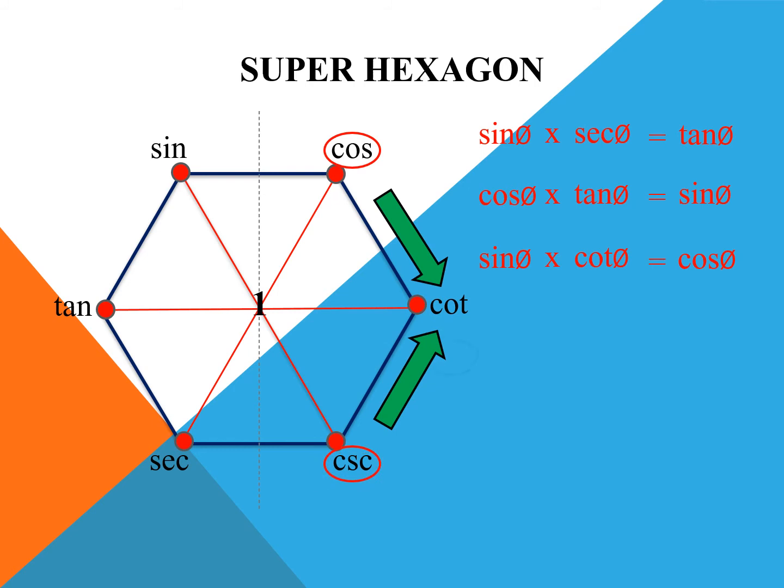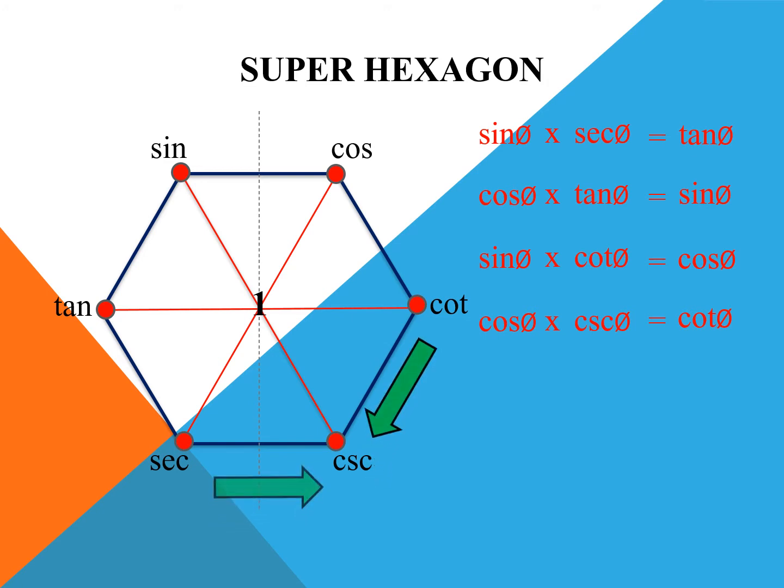Cosine theta multiplied by cosecant theta is equal to cotangent theta. Cotangent theta multiplied by secant theta is equal to cosecant theta.